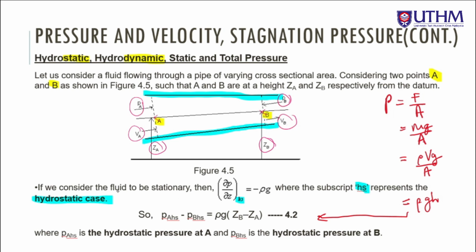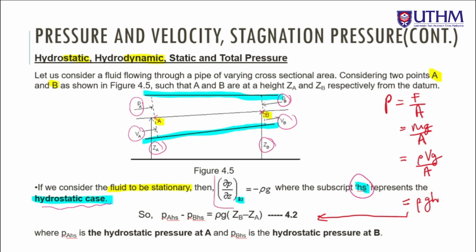Alright, if we consider the fluid to be stationary, then the change of pressure will result in negative rho g, where the subscript HS represents the hydrostatic case. When we say the fluid is at rest or stationary, we can consider the pressure that exists is the static pressure, or the hydrostatic case, represented by HS.